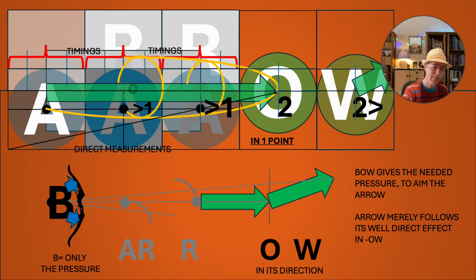So the bow has the letter B in the beginning, and B is actually just pressure. So it's just having that pressure without having the association to what shall I connect, or that kind of connection is not there. That's in the arrow. The arrow will connect and the bow will not connect.